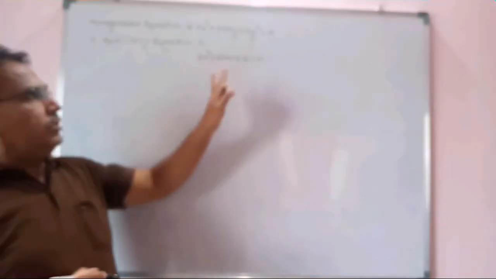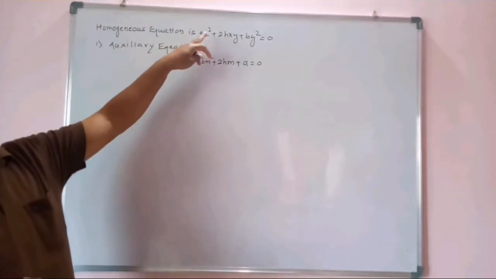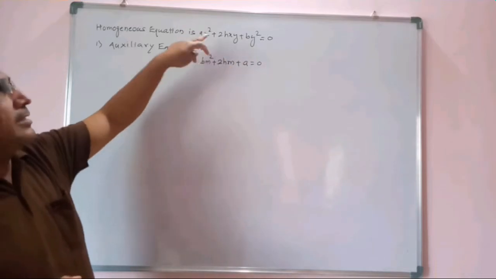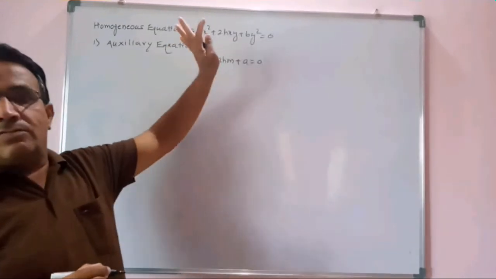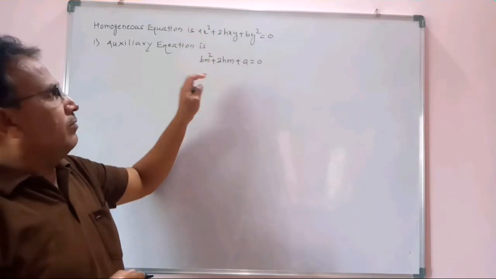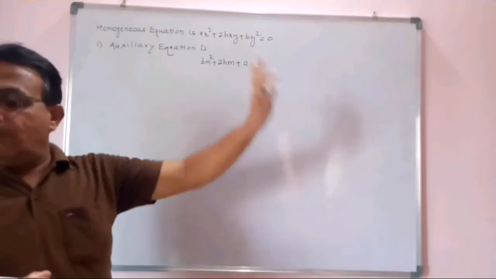What is the auxiliary equation? In Marathi, सहाय्यकारी समीकरण: bm square plus 2hm plus a equal to 0. This is the auxiliary equation of the homogeneous second degree equation in x and y. The equation is ax square plus 2hxy plus by square equal to 0, and the auxiliary equation is bm square plus 2hm plus a equal to 0.